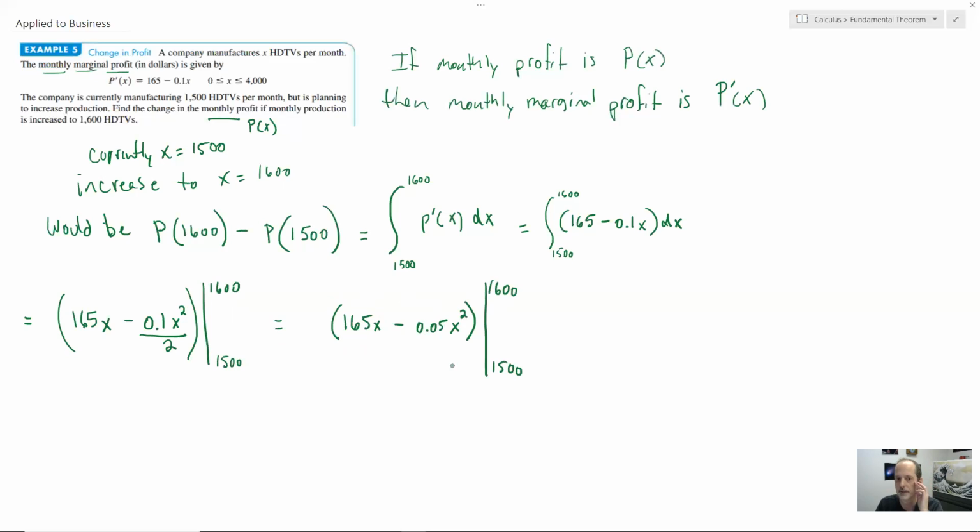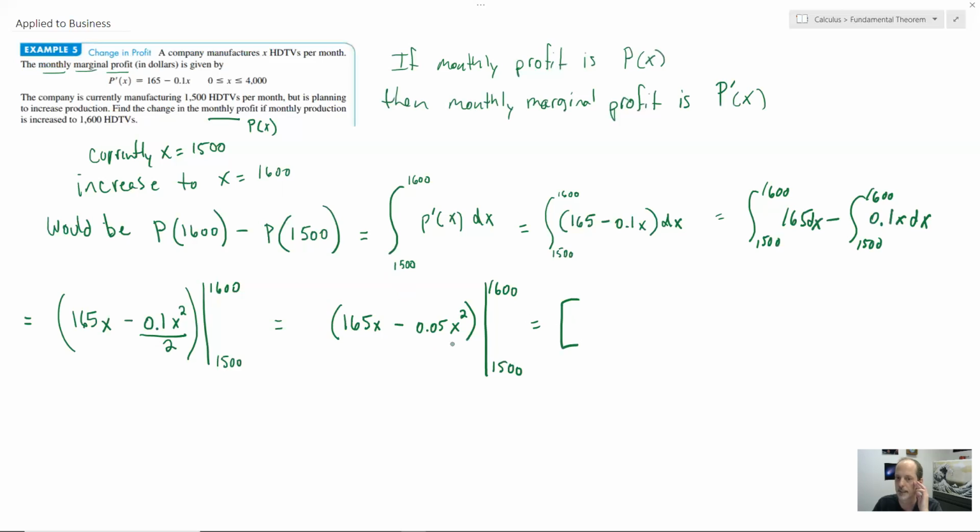So this is another way to do it. We could have said equals integral 1500 to 1600, 165 minus integral 1500 to 1600, 0.1x dx. Oop, this should be a dx here. Okay, but we would have just come up with this and had to do them separately. So as long as we keep this all together.